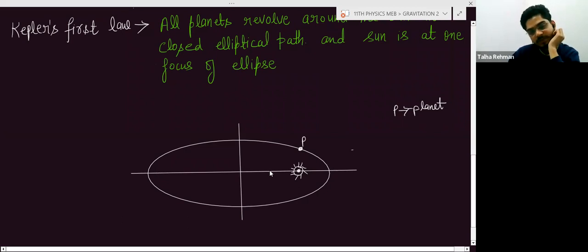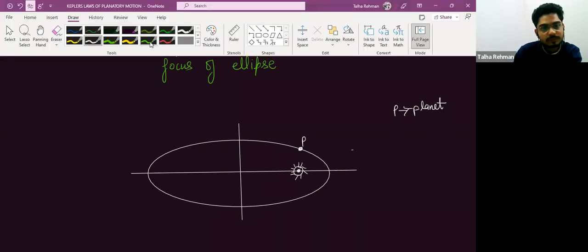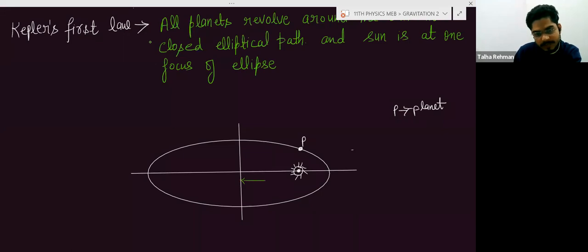So this whole distance is what? This whole distance is a. From the center to the periphery, this distance is a, right? So this coordinate will be a comma 0, and this coordinate will be minus a comma 0, because this distance is also a.